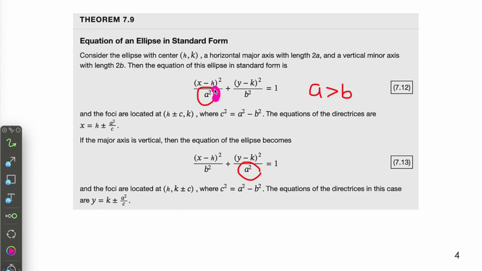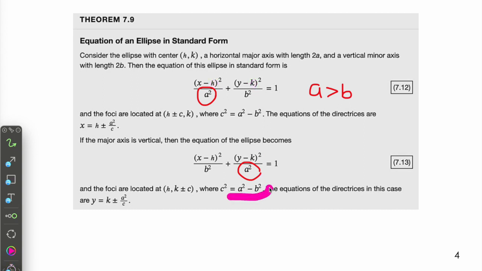So when my bigger number is underneath the quantity that has the x, then my major axis is going to run horizontally. Down here, my bigger number is with the y quantity, so that means that major axis is going to run vertically. Now the center is always going to be whatever your (h, k) is.